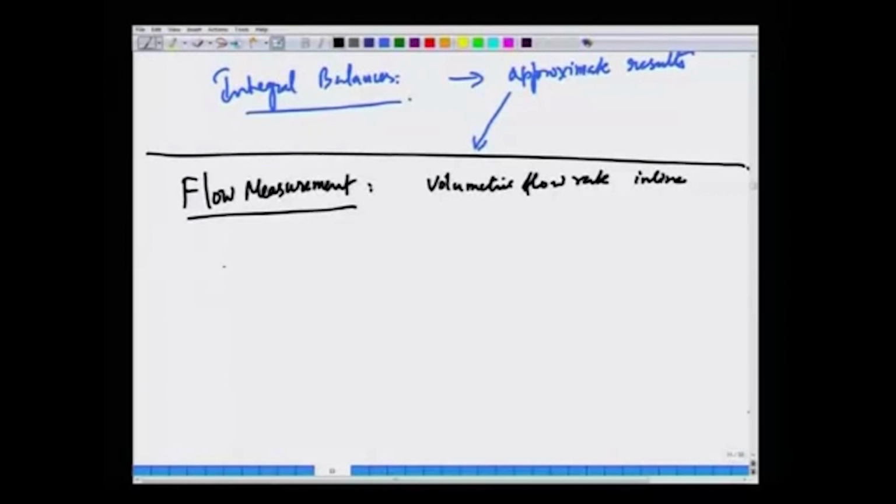But suppose you are interested in finding the fluid flow rate into a reactor which is completely closed and not accessible for you to collect the volume. So, you need some indirect methods wherein you can infer the velocity or flow rate through measurement of the pressure drop. Such flow meters are called restriction flow meters.